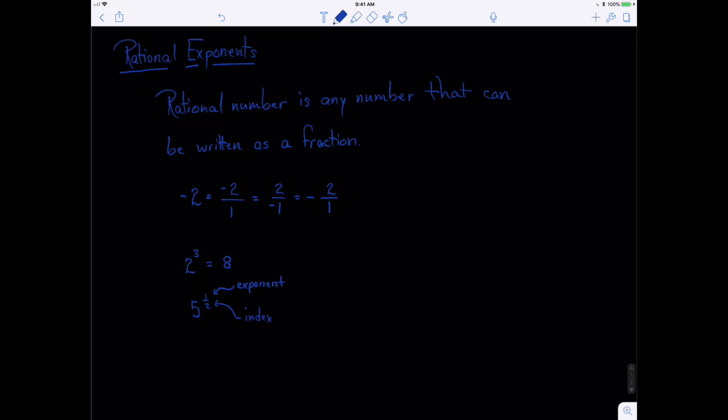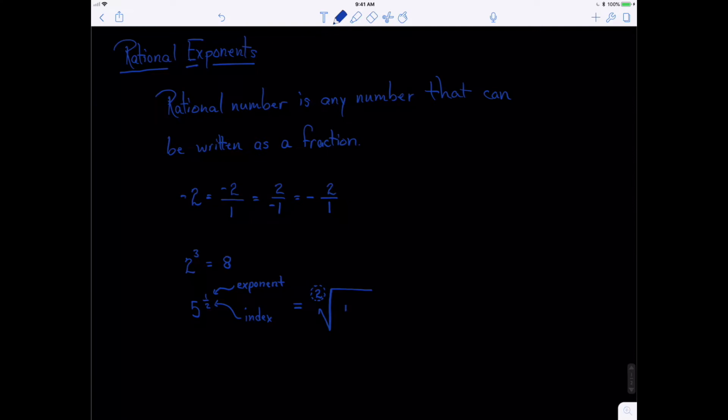And I'm picking a number like 5 to the 1/2 because this is actually a deceivingly simple example. We can go from this form, the number raised to the fractional exponent, to the radical form. And remember what we said: the index goes right here. And in this case, the index is 2.